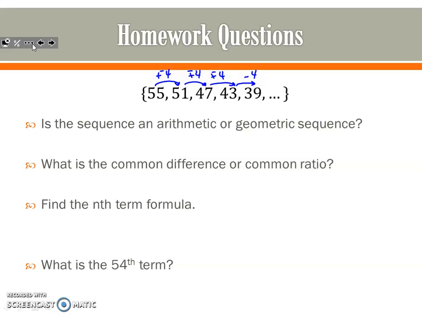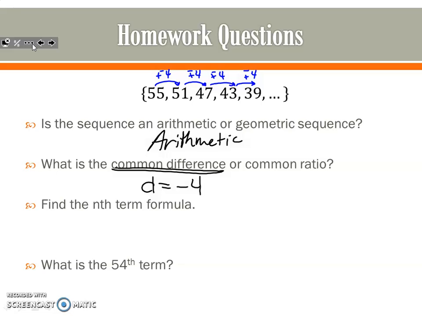So I'm really adding a negative 4 every single time. So I'm adding, which makes this arithmetic. If it's arithmetic, that means I'm looking for my common difference. What is my common difference? Well, for this one, my common difference is a negative 4.